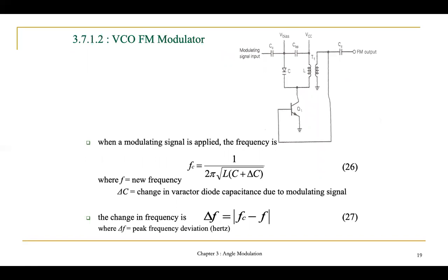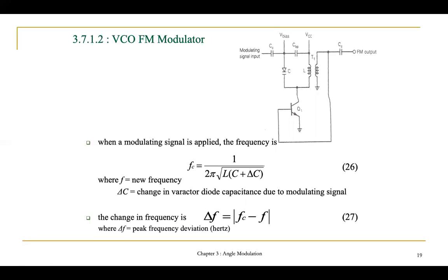So when a modulating signal is applied to the VCO FM modulator, there will be changes in its capacitance. Therefore we will have a value for delta C. Delta C is the change in varactor diode capacitance due to the modulating signal.